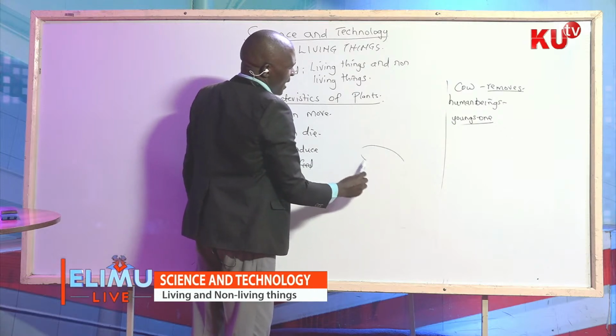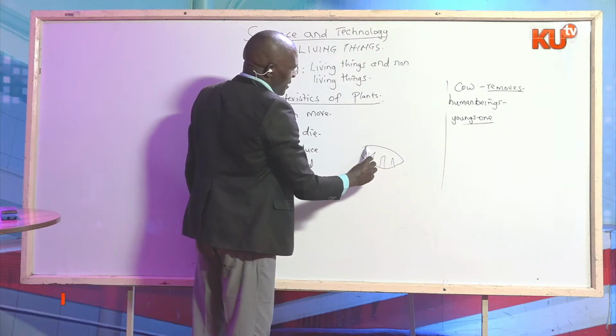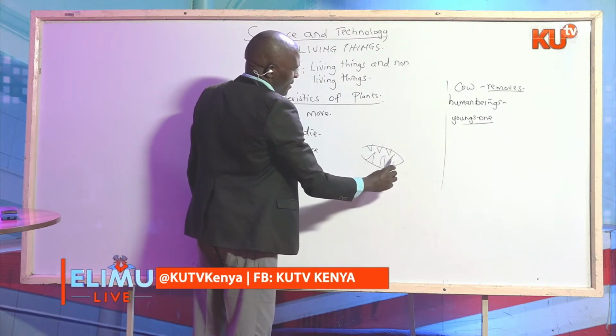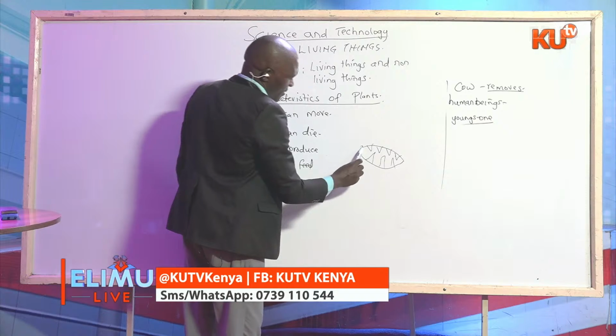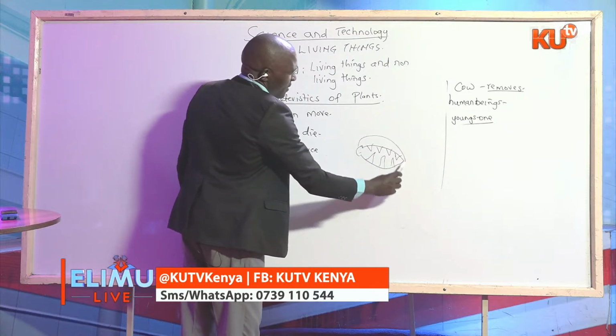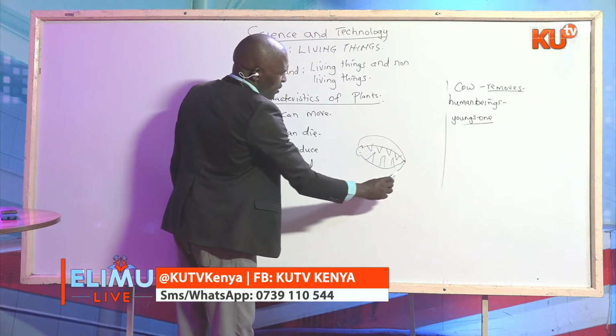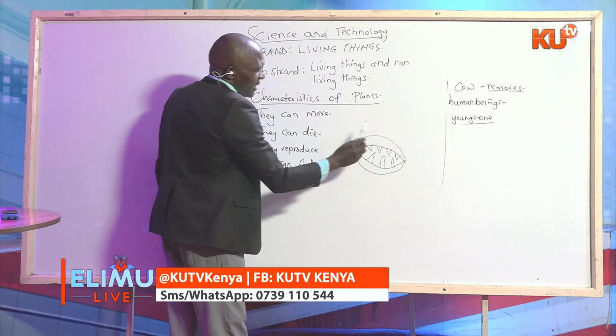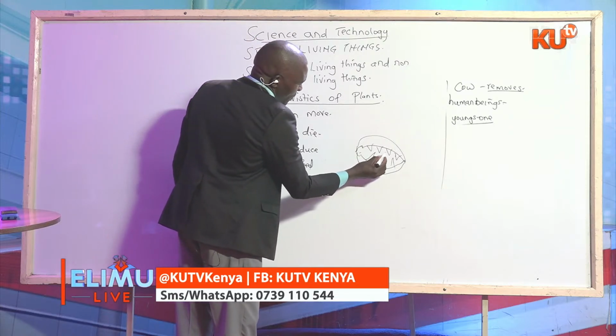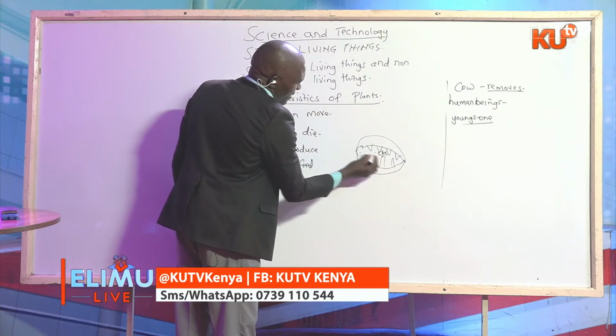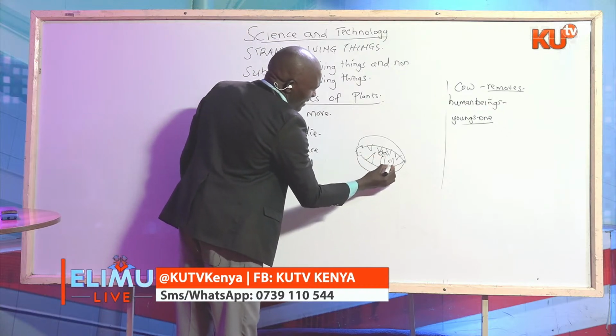With this plant, you will realize that inside here it can trap an insect. It can trap various insects, and this is how this plant survives.